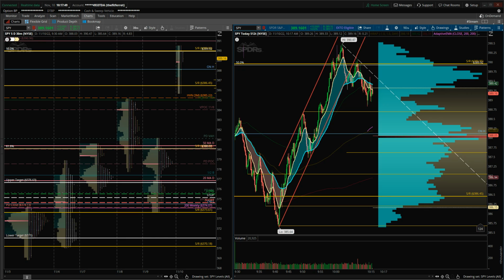So that would be a bullish scenario, because then that tells us that the real thin spot is still further down, and VWAP is starting to lead the point of control just a wee little bit. But to maintain the bullish attitude, we want to see VWAP continue to move towards like the 388.5 and then eventually up and over that.